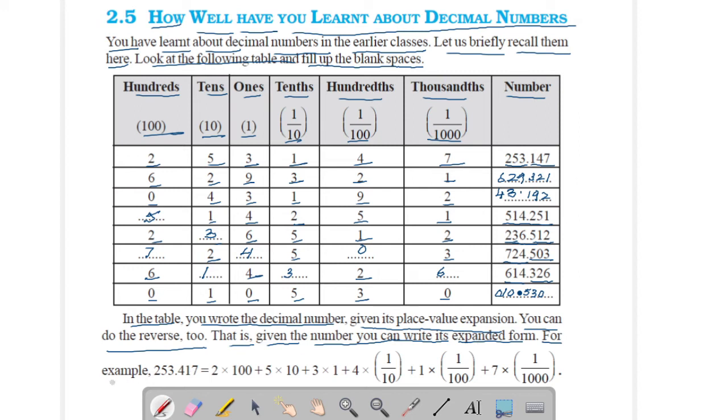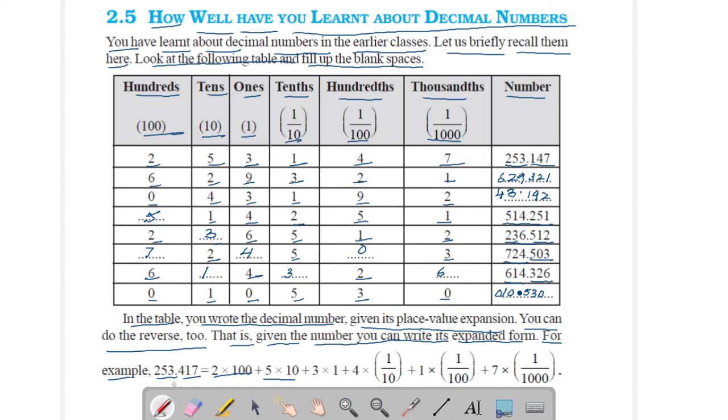For example, 253.417 can be written in expanded form as follows. 2 is on hundreds place, therefore we multiply it by 100. It can be written as 2 into 100 plus 5 is on tens place, so we multiply it by 10, and it can be written as plus 5 into 10.